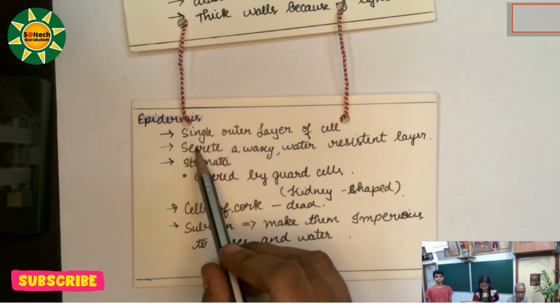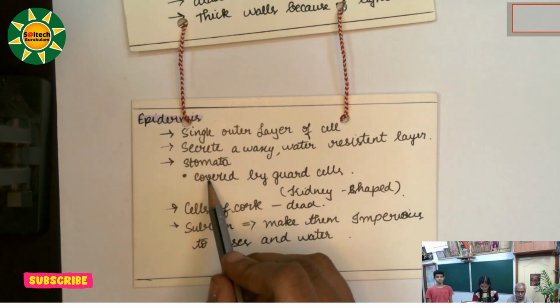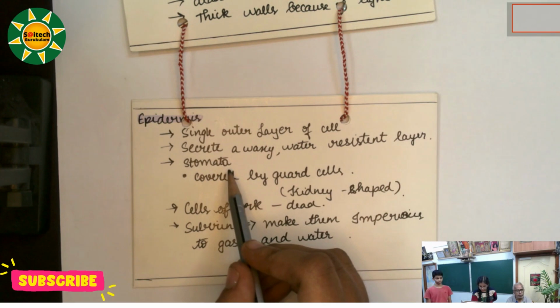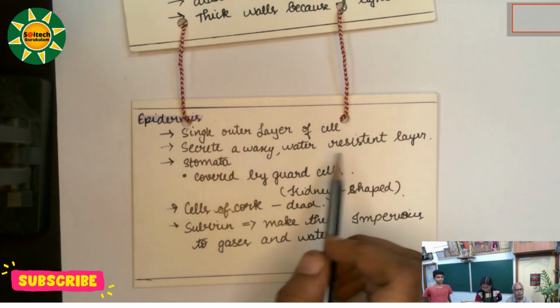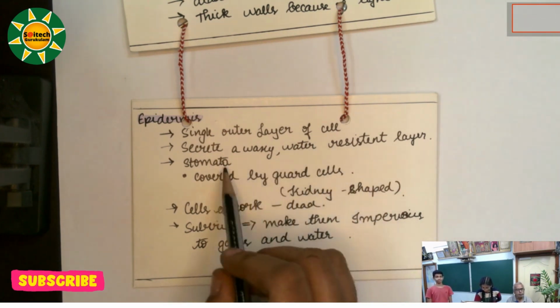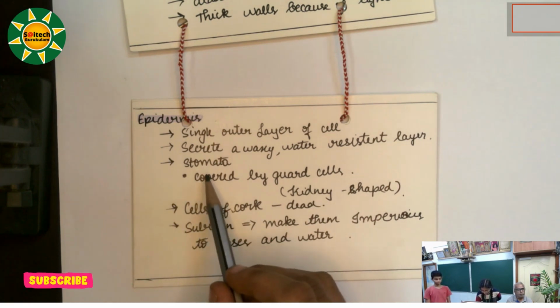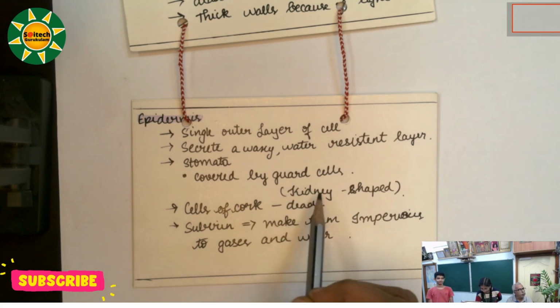Usually the epidermis is highly developed in plants like cactus, because the cactus basically grows in dry regions, that is deserts. Thus they secrete a waxy water resistant layer. In the epidermis, stomata are there. Stomata are covered by kidney shaped guard cells.